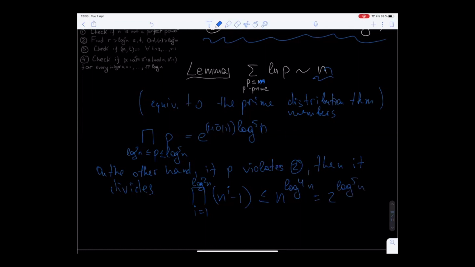And we see that this thing is bigger than this thing, thus there exists p that satisfies 2, that does not divide this expression, and that's satisfied. And then we take it as our r.